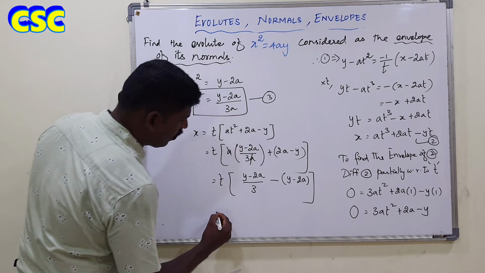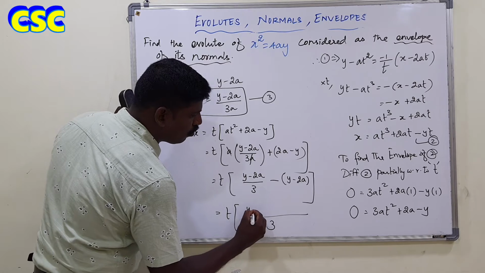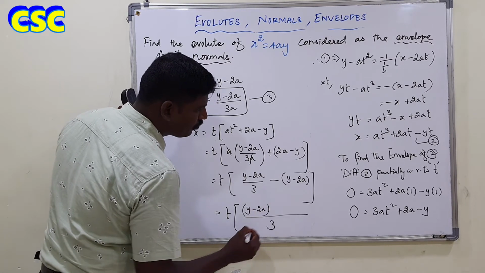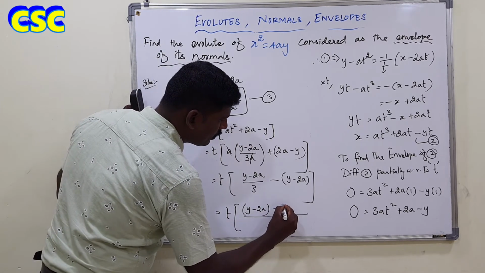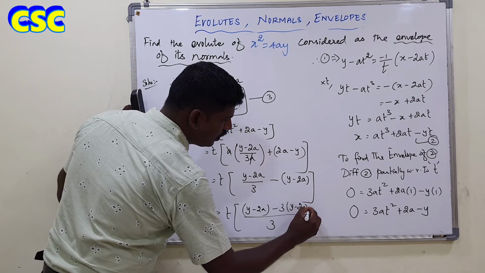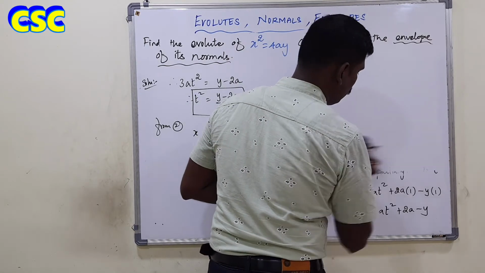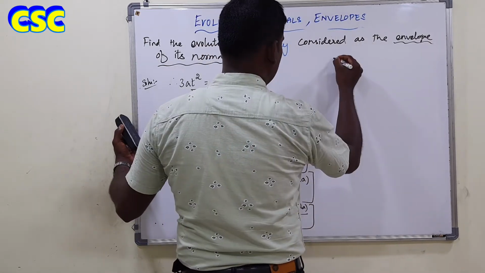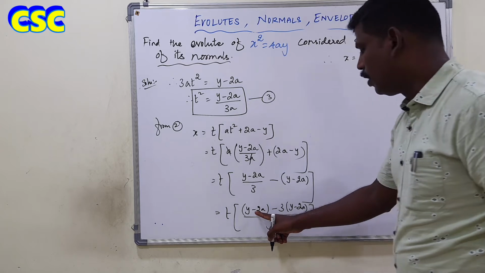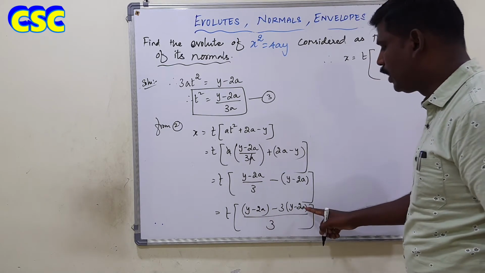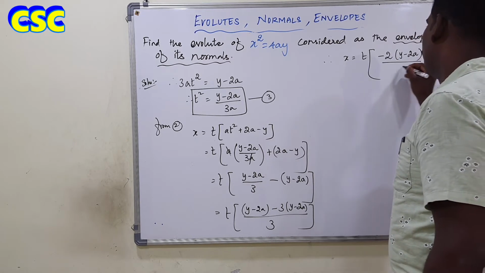Now I am going to take the LCM between the terms inside the bracket. So 3 as LCM. So y minus 2a minus 3 times y minus 2a. Therefore, x is equal to t into, so 1 times y minus 2a minus 3 times y minus 2a, so minus 2 times y minus 2a by 3.